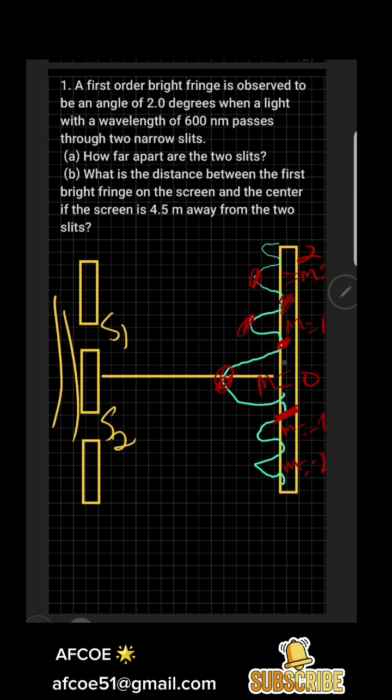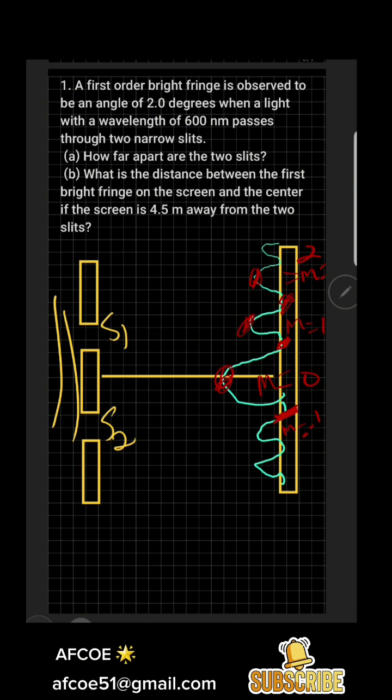But for the odd, we are having m as half: 1/2, 3/2, 5/2, 7/2. In fact, all the odd halves, we are having -1/2, -3/2, -5/2, and so on. So that is where you have the destructive interference, where m has those numbers that are fractions, all the odd fractions of 2.